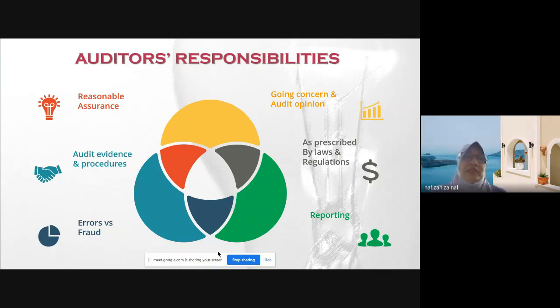Okay, and then as an auditor's responsibility, whatever we do is as prescribed by the law and regulation. So we also make sure that whatever the client needs to comply with is actually being complied with. So on top of the FRS, the auditor also needs to know several other regulatory frameworks. It depends on the industry that you are in.